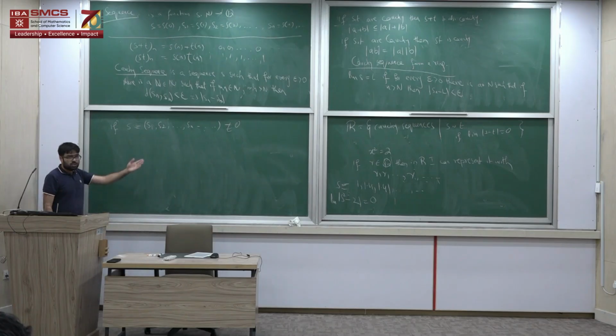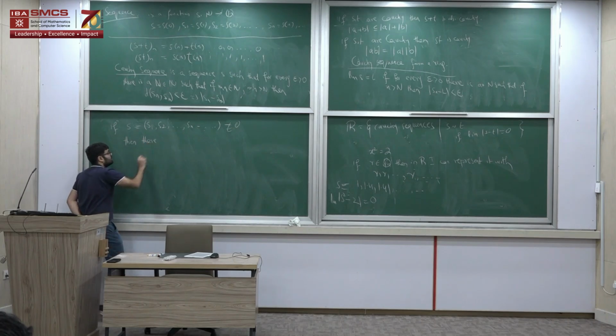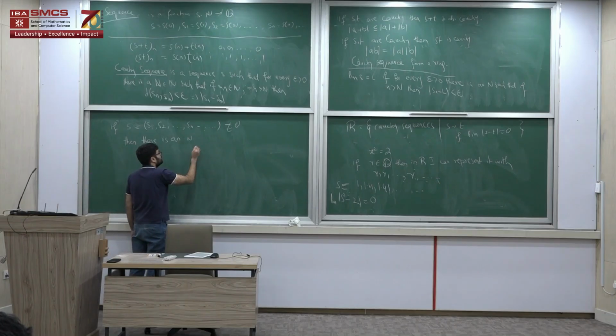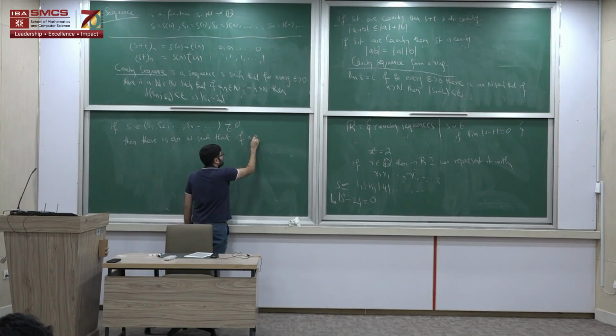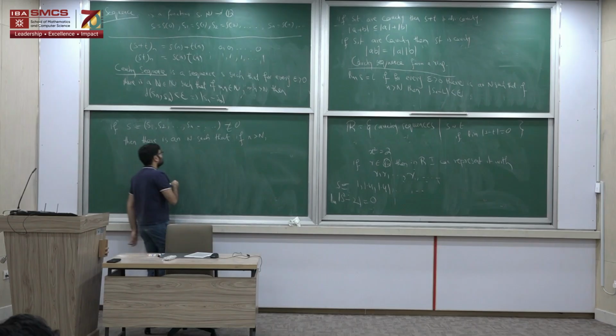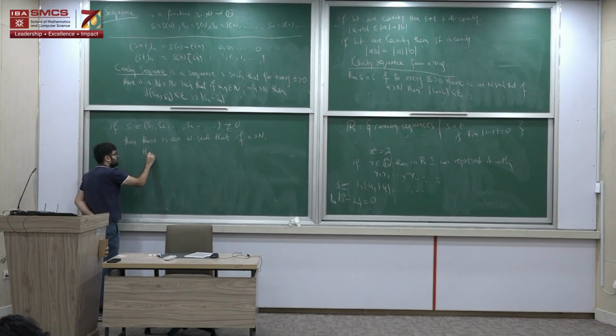Then, because of the existence of the limit, there is a capital N such that if small n is bigger than N, then Sn is not equal to 0.